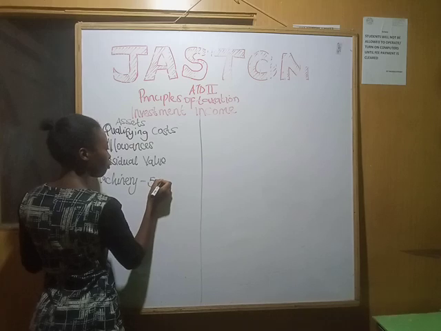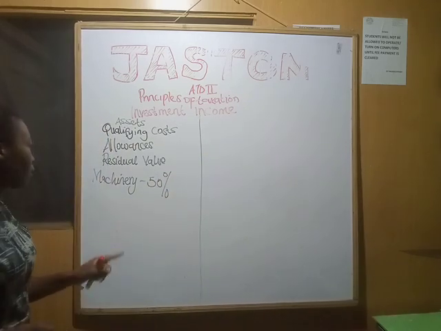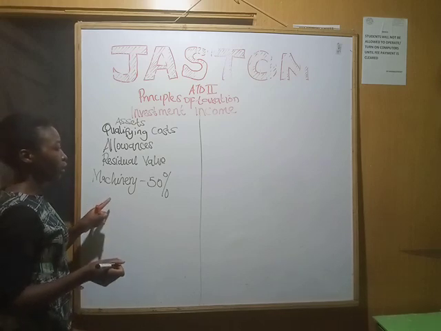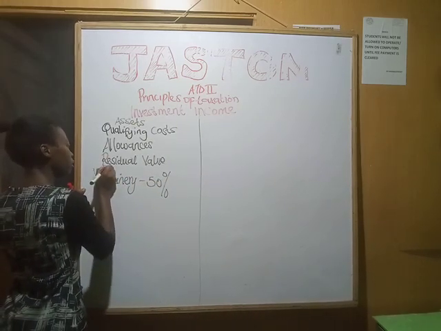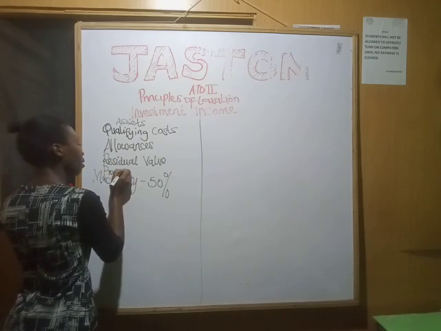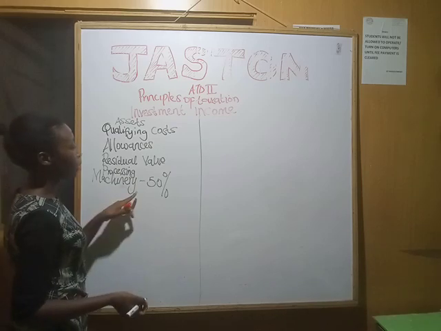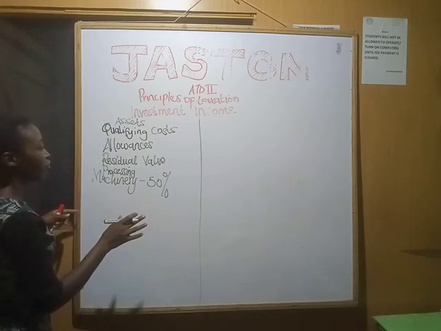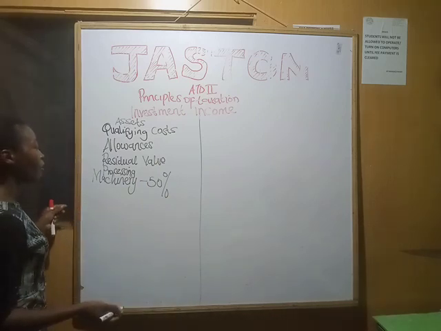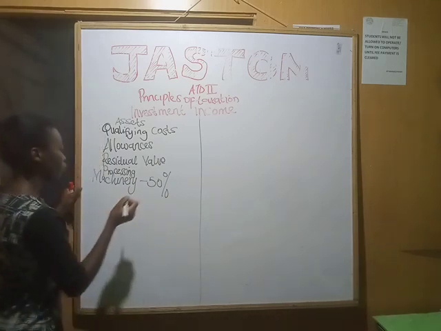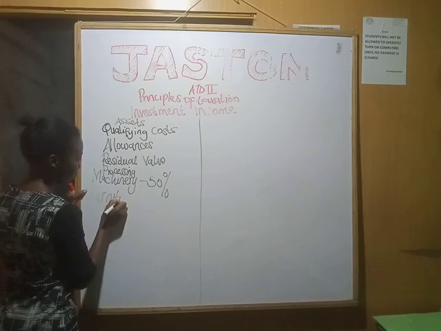So at the back of your mind, you should always remember that assets like the processing machinery usually carry an investment allowance of 50%. We also have furniture.